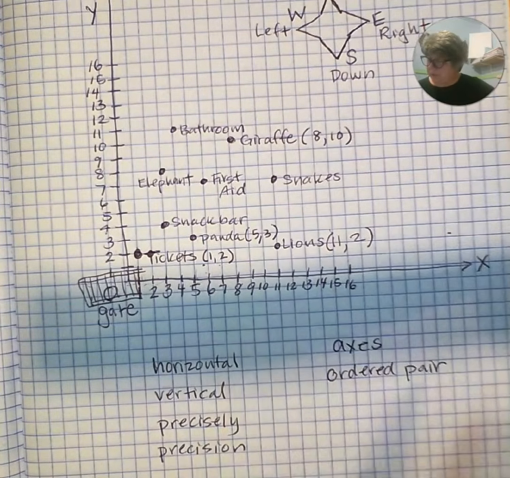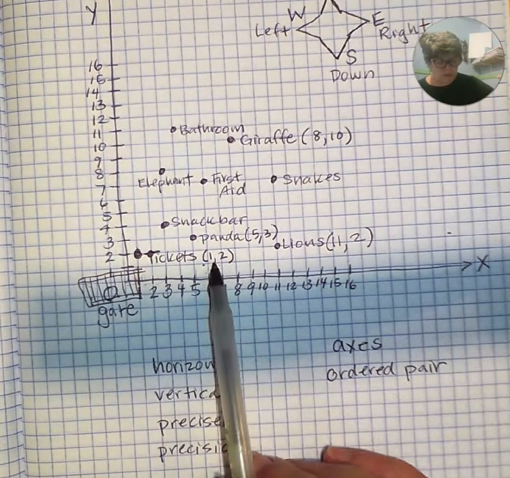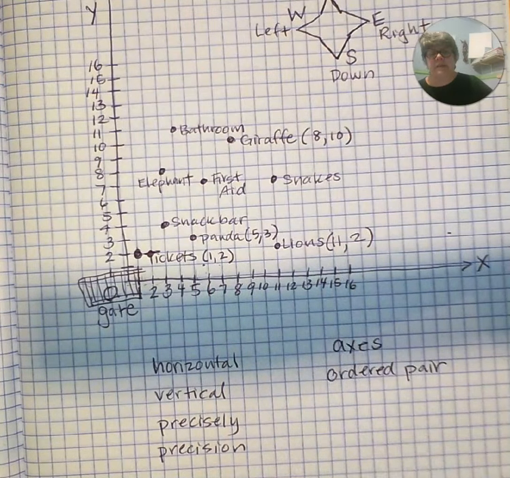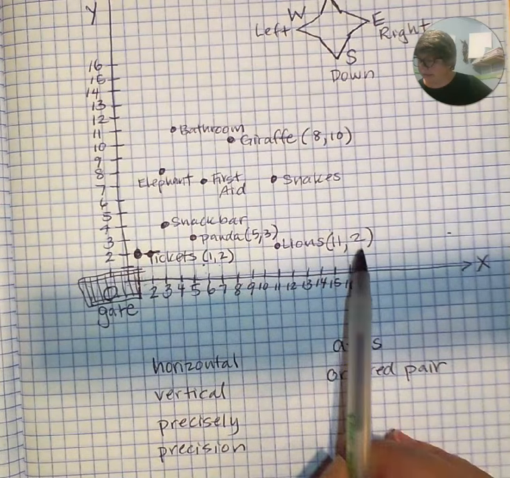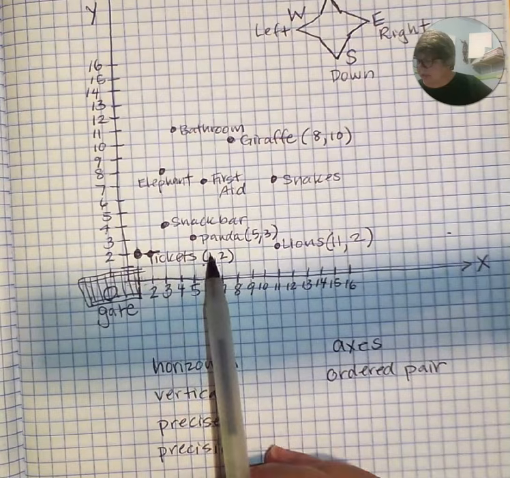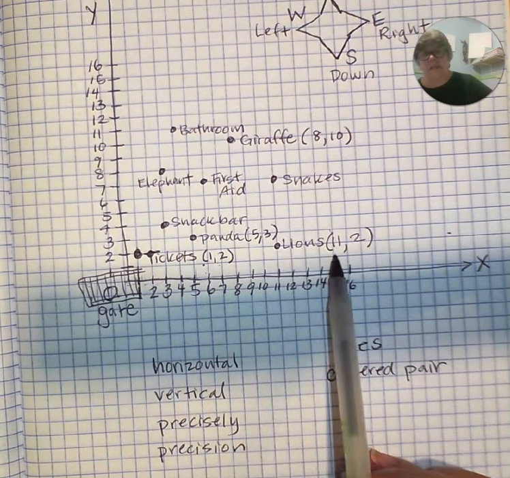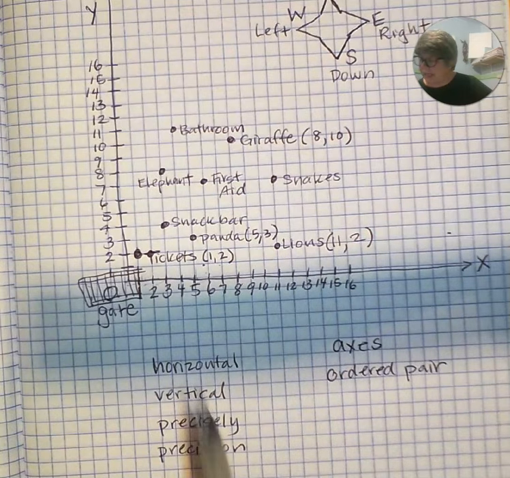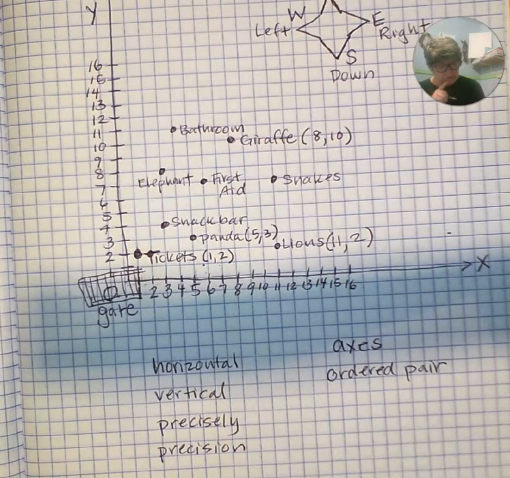So look at those 2 ordered pairs. We have 1, 2. And we have 11, 2. Do you see something that is similar to them? They are both at y 2, right? But your x is changing by 10. So you can see that you're moving only over in x, but you're staying at y on the 2, right? Okay, very good.